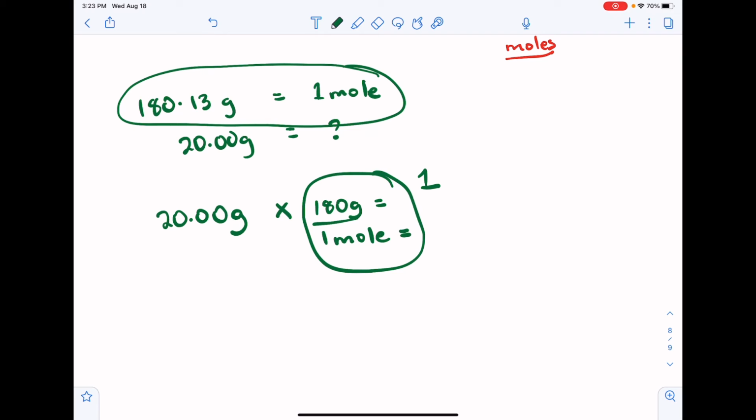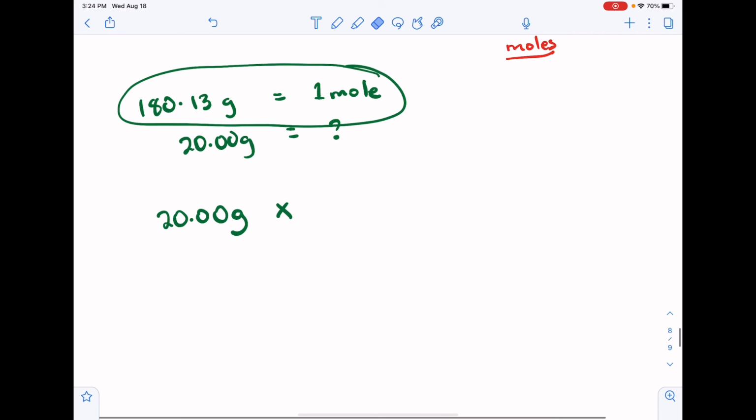The reason why we multiply by this fraction is to help us cancel out units. So if you look at the way that I've written it right now, it's not going to help me cancel out units because I'm going to get grams squared over mole, which is going to give me a headache. So I'm not going to write it in this way.